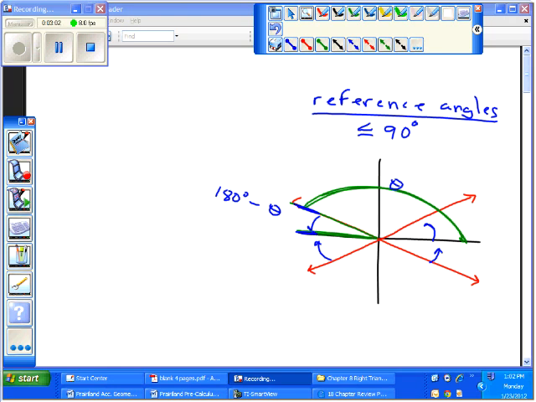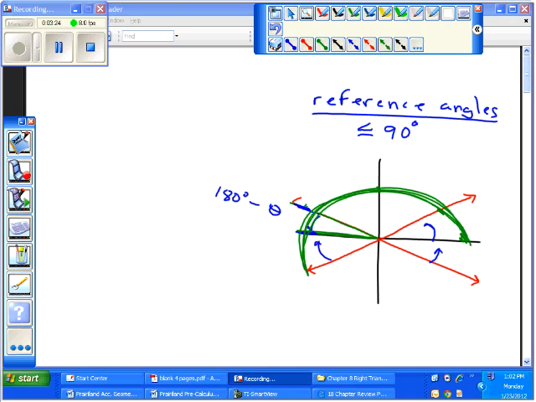Then we're going to say, well, what would happen if instead of that, my original big angle went all the way to here? And I want the reference angle that goes with that original big angle.